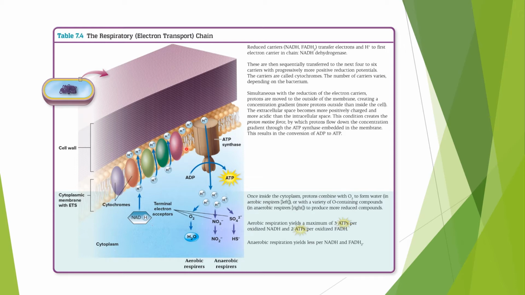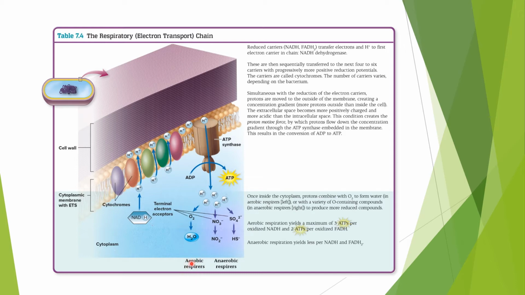But bacteria that go through aerobic respiration and the ETC, at the end of the day, are going to use oxygen as their final electron acceptor, okay? And that's going to be a major difference between bacteria that go through aerobic respiration and bacteria that go through anaerobic respiration.